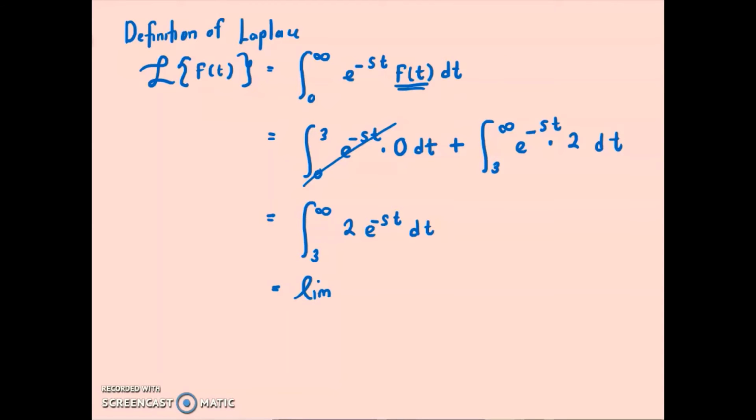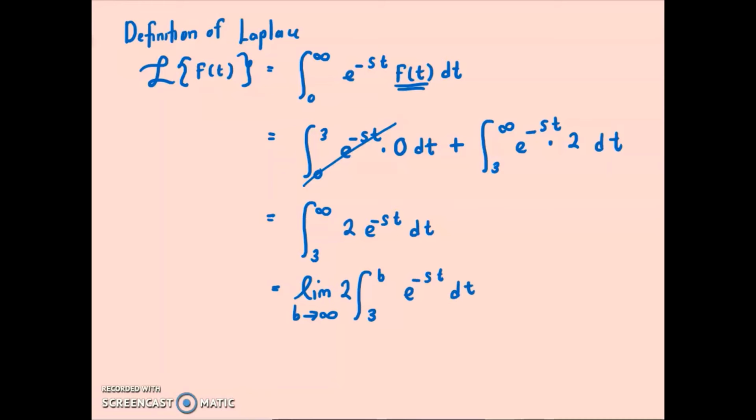So the limit as b approaches infinity, we have the integral from 3 to b. I can bring the factor 2 out, so I have e^(-st) dt.